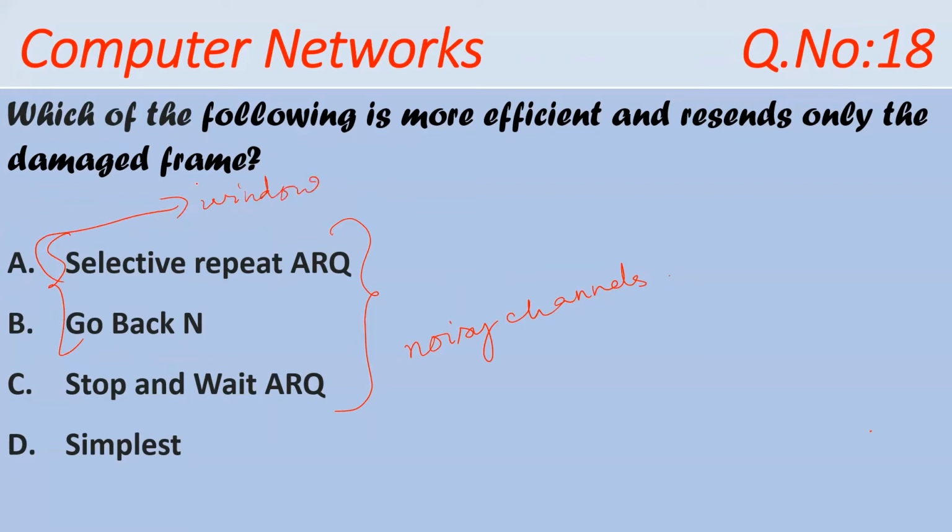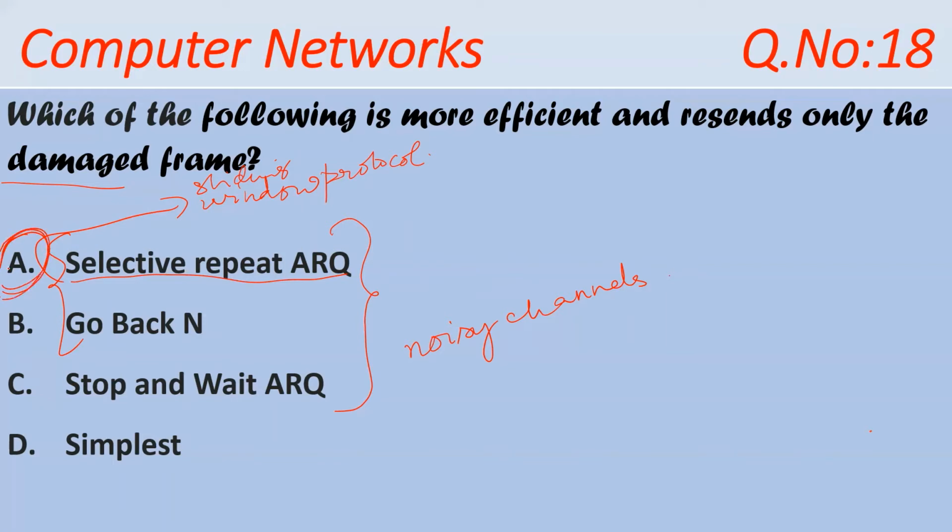Sliding window is an imaginary window we'll be creating to do the flow control. Among these two, selective repeat ARQ is the one which will be sending only the damaged frames. So the answer is A.